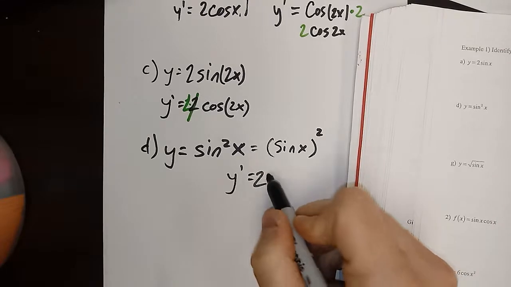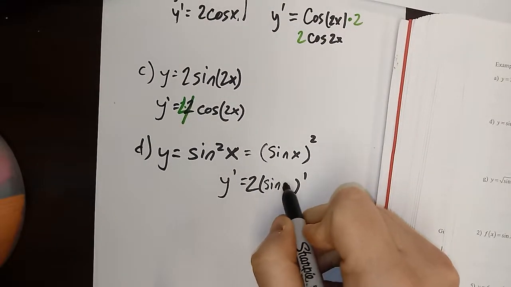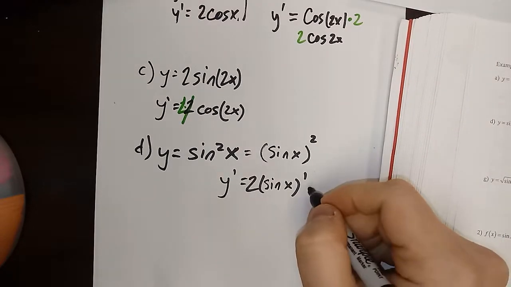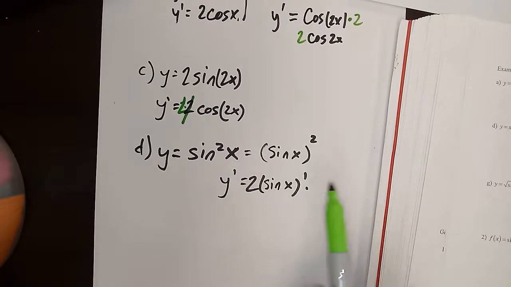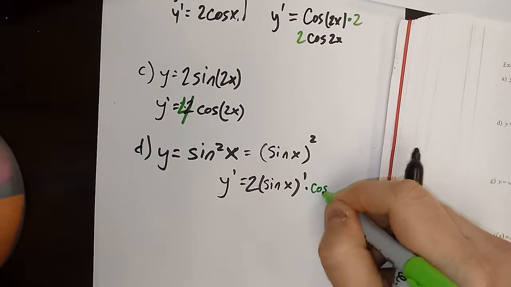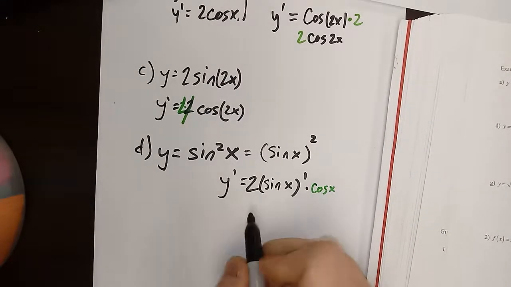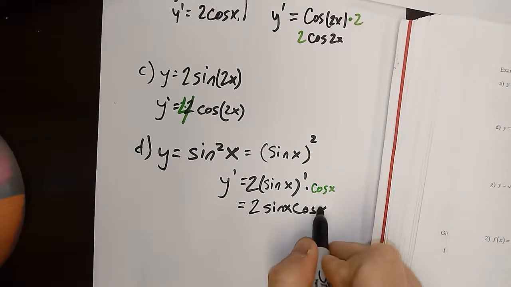So then I do 2 times the thing to the 1. And remember that was just sine of x, it just chilled. And then we got to follow chain rule and multiply by the derivative of the inside, which is the derivative of sine, which is cosine. So if I was going to clean this up and write it less messy, I'd just say 2 sine x cosine x.